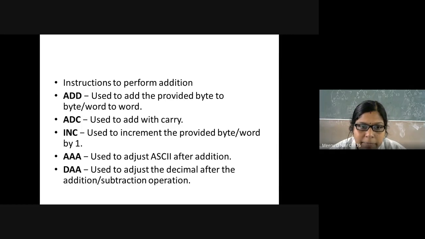That is the add command. Then ADC means add with carry. In the ADD case, it is not considering the carry, but in the case of ADC, it is add with the carry. Then INC means increment by one. Increment the byte or word provided by one.